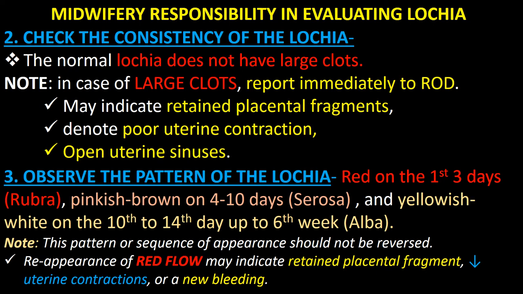It may also tell you that the uterus is not contracting well enough, and it is a sign of new bleeding. So like I said, you have to observe the patterns of the lochia and make sure that they follow the correct sequence of appearance. Red on the first 3 days, pink on the 4th to the 10th day, and yellowish white from the 10th to the 14th day.